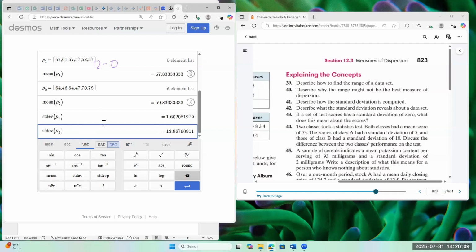But let's think back again to when we were talking about a data set that looks like this one. We'll call it T. The range there is 18.